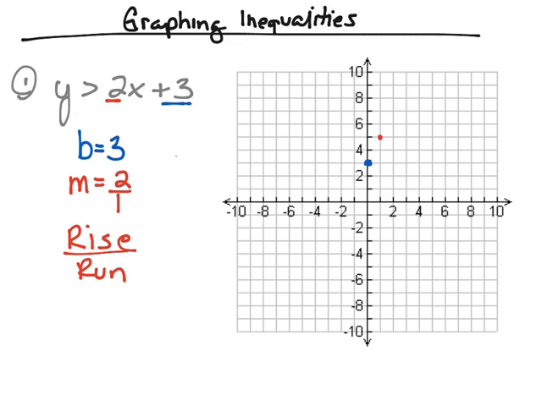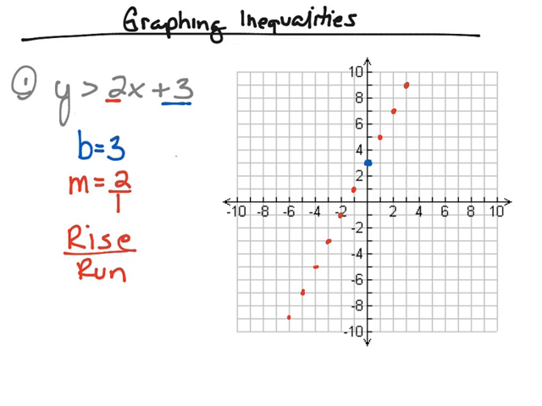Remember, we're going to repeat this pattern because the more dots we have, the more accurate the line is. I can get some other dots in the other direction by reversing the pattern, going down 2 and to the left 1, down 2 and to the left 1. Again, the more dots we have, the more accurate the graph is.